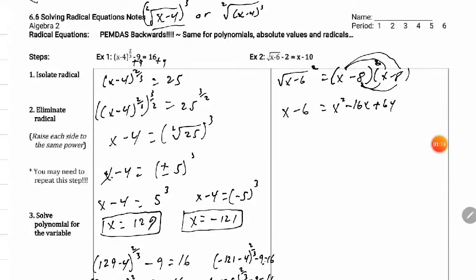Okay, next thing we're going to do is move everything over to one side, because this is starting to look like a factoring problem, or a quadratic equation. Okay. So I'm going to add 6 and subtract x. So I'm going to get 0 equals x squared minus 17x plus 80, or 74.